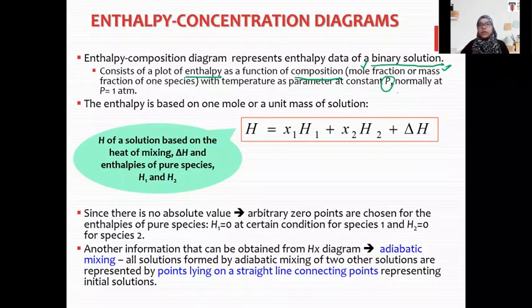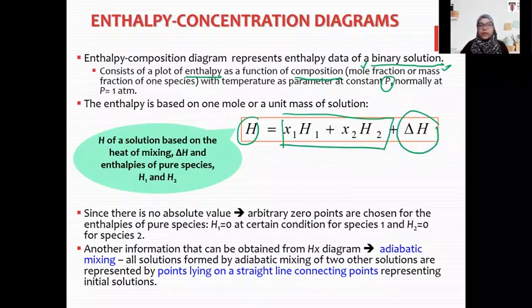Pressure usually we use at 1 atm. The enthalpy is based on 1 mole or the unit mass of the solution, or the enthalpy equal to the composition of binary solution plus the heat of mixing.